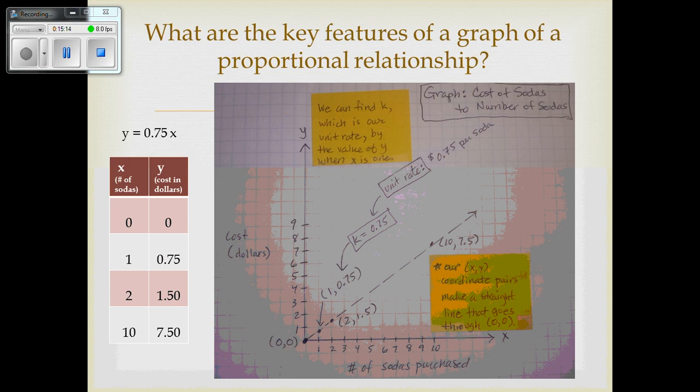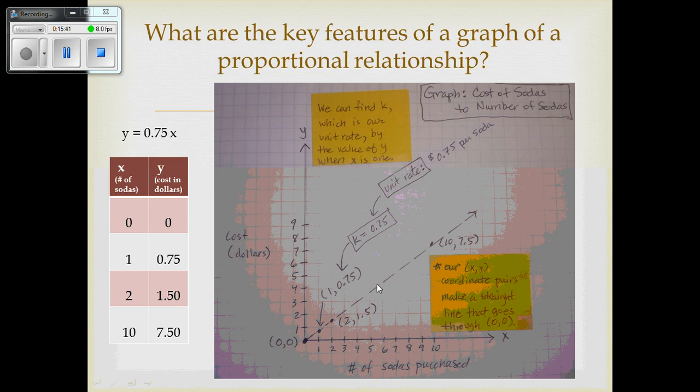We will also be graphing proportional relationships. And what you want to think about are the key features of a graph of a proportional relationship. I have graphed the relationship that we've been talking about in this video, which has to do with the cost of sodas, how it relates to the number that we buy.